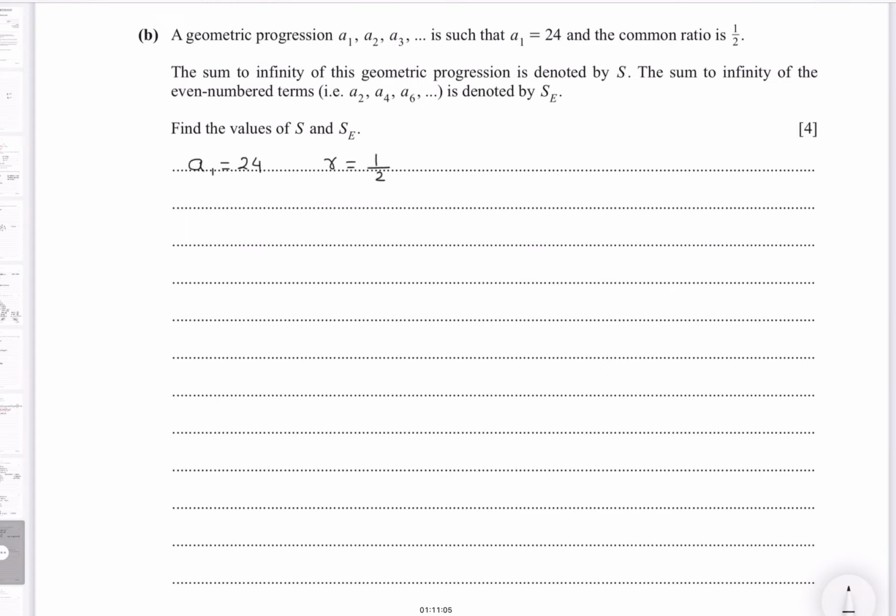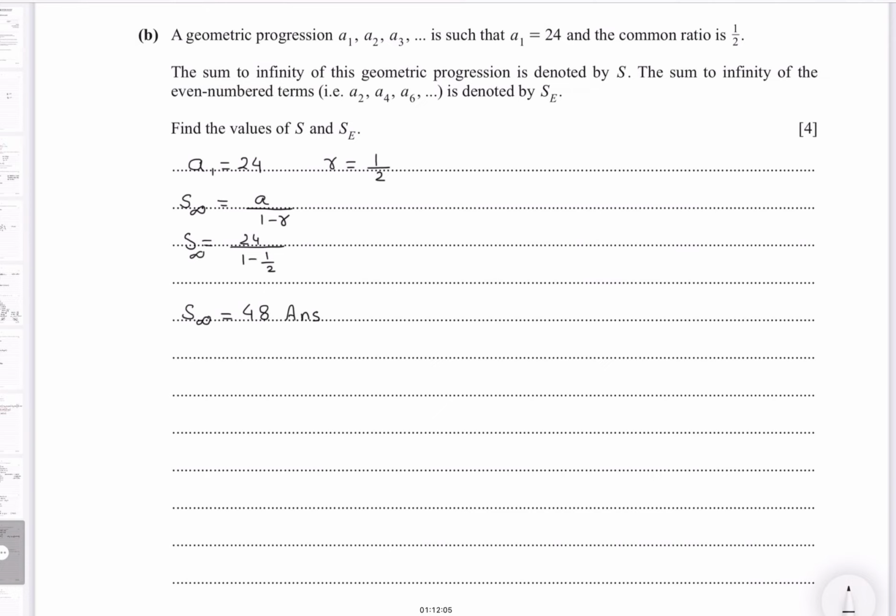So our a1 is 24 and common ratio is r. Sum to infinity is a over 1 minus r. This formula is also given on the worksheet. So our sum to infinity is 24 over 1 minus half, and this would be 48. So this is the value of S.